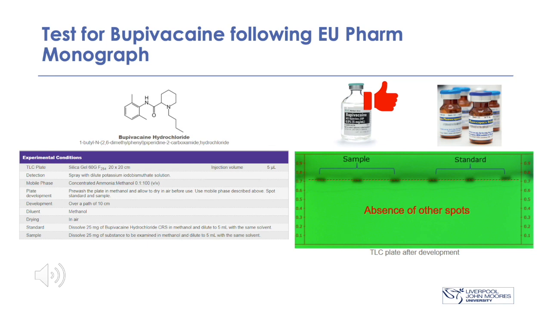The sample or the injectable containing bupivacaine is spotted 3 times, and then the standard consisting in bupivacaine certified material from the pharmacopoeia are spotted also 3 times. Once developed the plate, we have the average of the RFs very close.